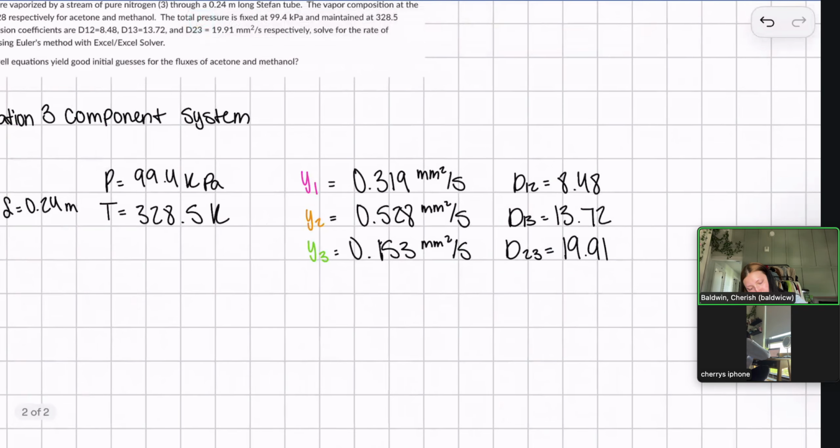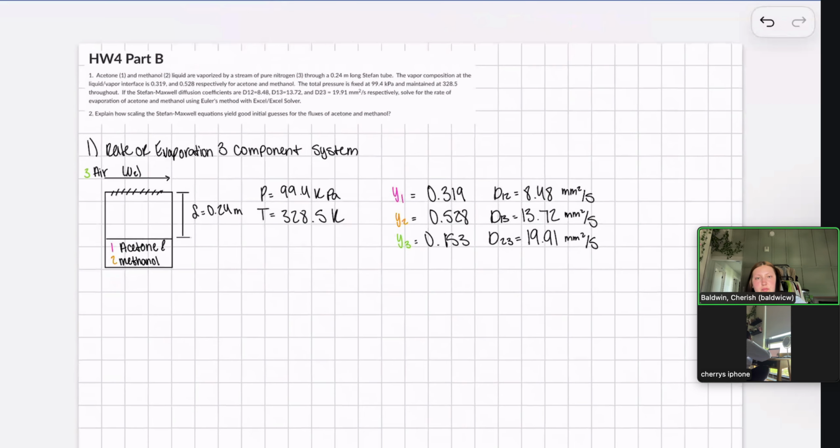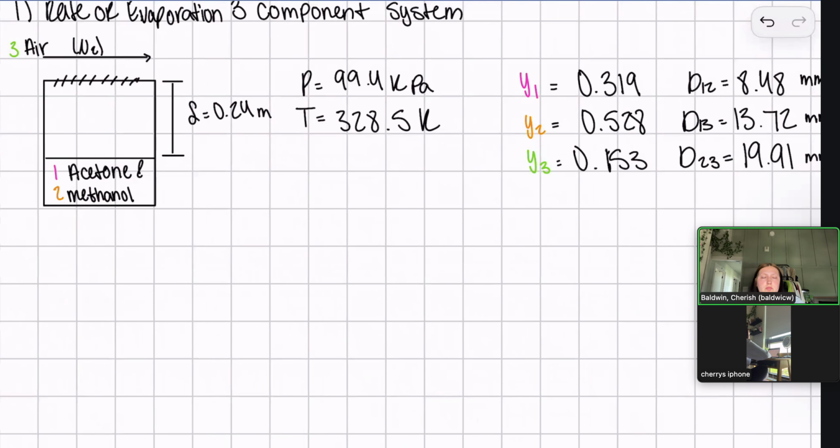Sorry, these coefficients. All right, so now we have to write the Maxwell equations for acetone and methanol. And it's redundant to do it for air because we know that y1 plus y2 plus y3 is equal to 1. So we're just going to do acetone and methanol.